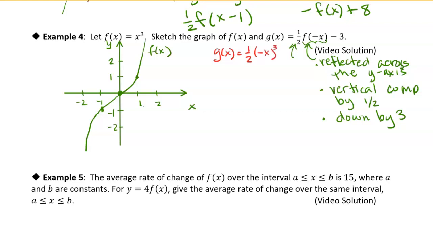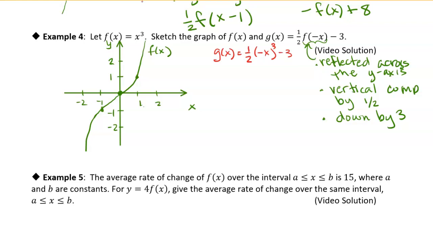Because f of x is x cubed. And then I'm going to subtract 3 from it. So -3.